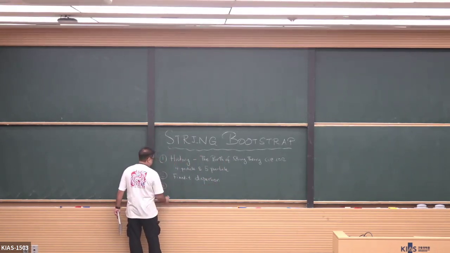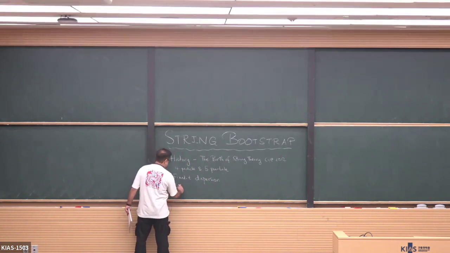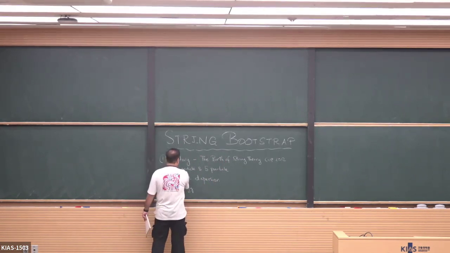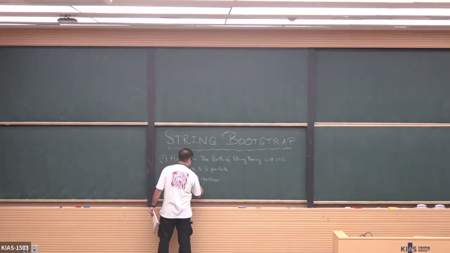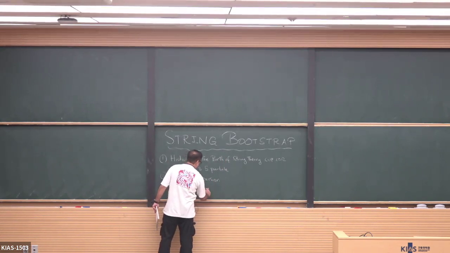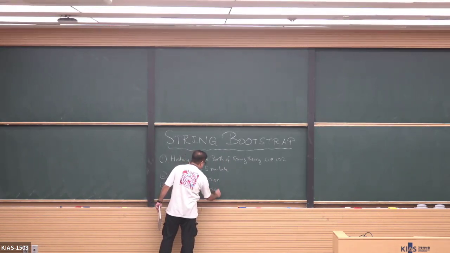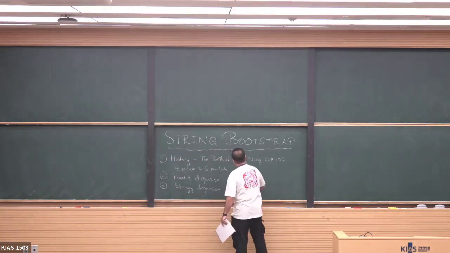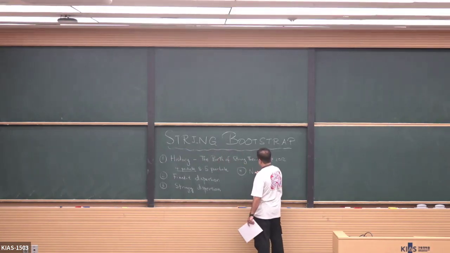The third one is going to be a new dispersion relation, which is going to be called the stringy dispersion relation, which is going to give us some nice new formulas for standard string theory amplitudes in the 4-particle case. And depending on how far I reach in the third lecture, I will resort to numerical bootstrap or some tests in the final lecture.